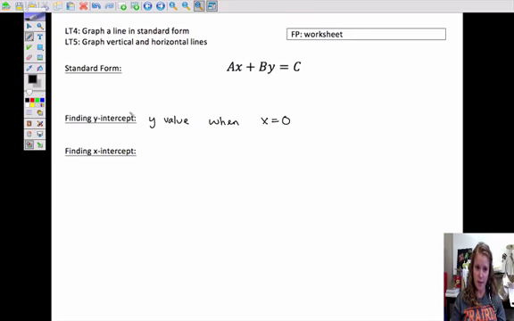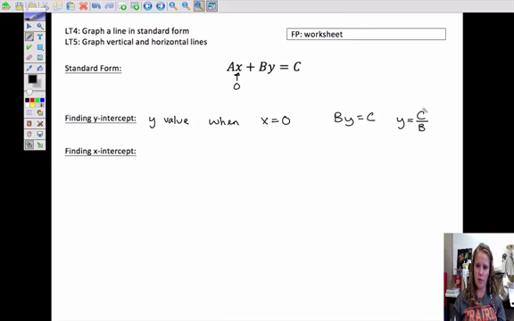So to find that Y-intercept in standard form, all we're going to do is make X 0. Regardless of what A is, what's anything times 0? 0. So when you plug in 0 for X, you're going to be left with BY equals C, and then Y is just going to equal C divided by B.